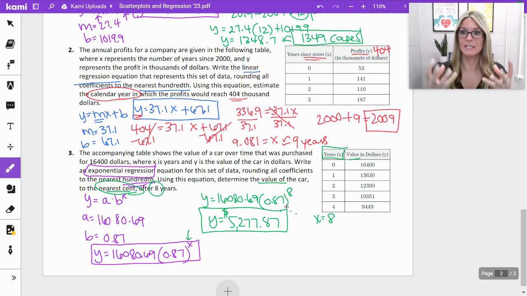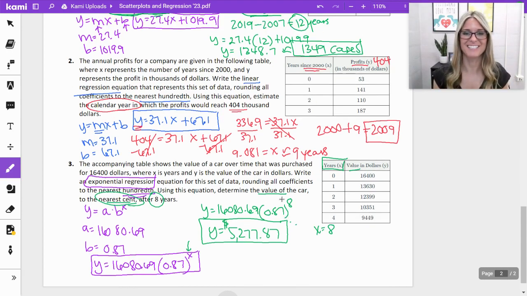They give you a table of ordered pairs, a table of data, and it's just not possible to estimate, like keep a pattern going or find the value in between, where it really is just best to throw it in your calculator and get that equation. And the question could either be asking to predict or just asking which equation would match the best. And so this is a really great skill for those 1 or 2 questions that might come up.